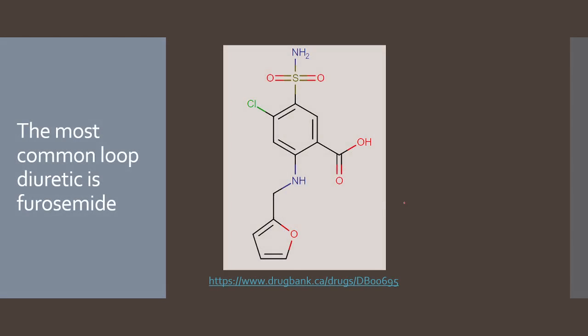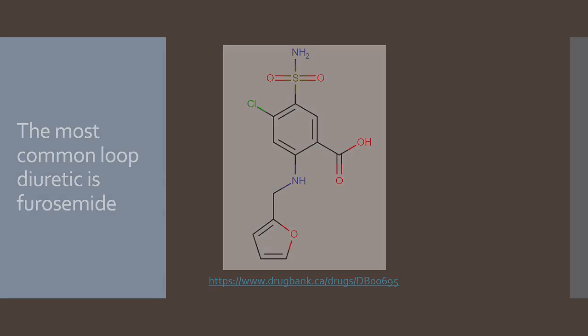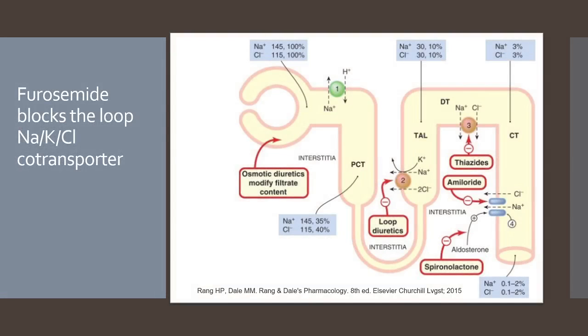The most common loop diuretic is furosemide. And just a reminder that furosemide blocks this transporter and prevents sodium reabsorption, and that causes loss of water.